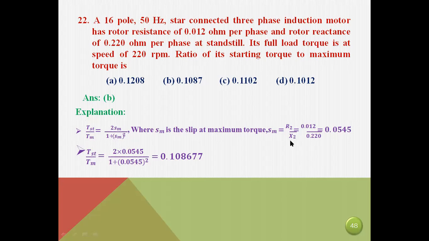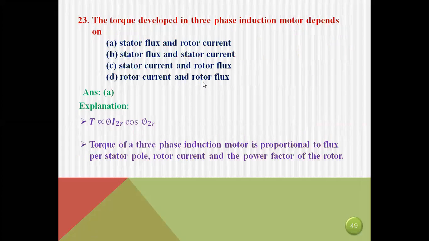So you can calculate slip as R2 upon X2, which we have already seen, and starting torque upon maximum torque is 2 Sm upon 1 plus Sm square. If you solve this, you will get the ratio as 0.10867, so you can write 0.1087. That is the correct one.